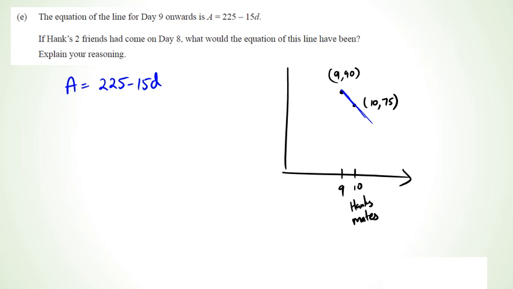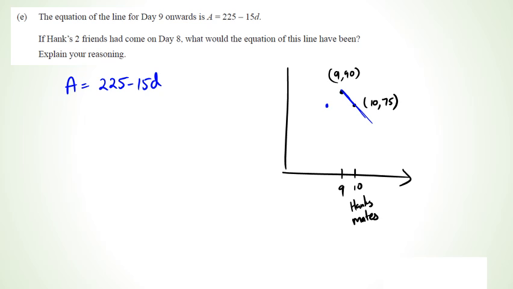So if Hank's mates came on the 10th day, if they had arrived on the 8th day, there would have been 75 square meters left. Sorry, they would have come on the 8th day, and then the 9th day it's going to go almost parallel.